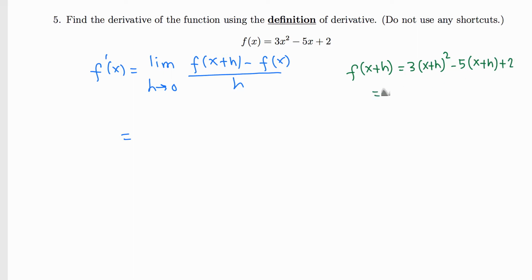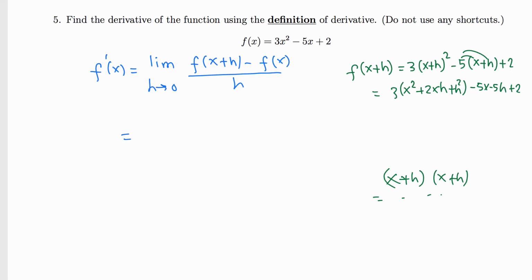Now let's simplify. So 3 times x plus h squared means we need to multiply x plus h by itself. So just FOIL x plus h times x plus h. Okay, you do the work. If you FOIL, you're going to get x squared plus 2xh plus h squared minus, you distribute 5 here, 5x minus 5h and plus 2.